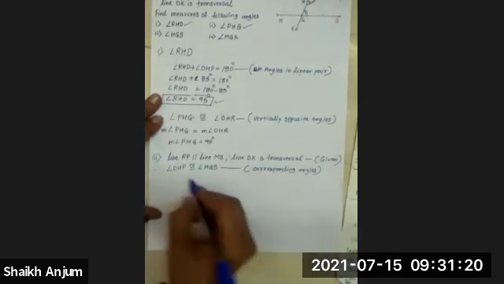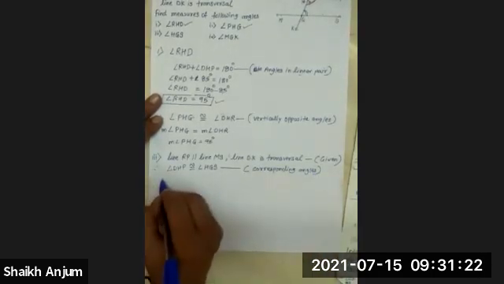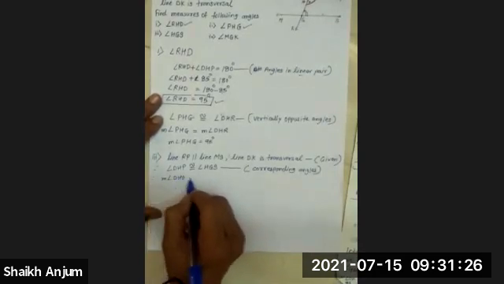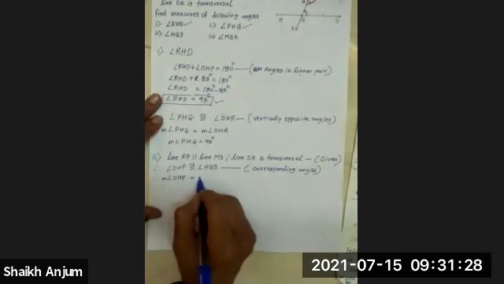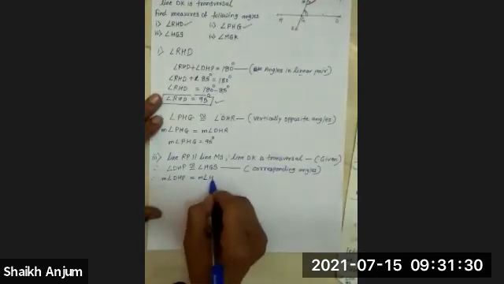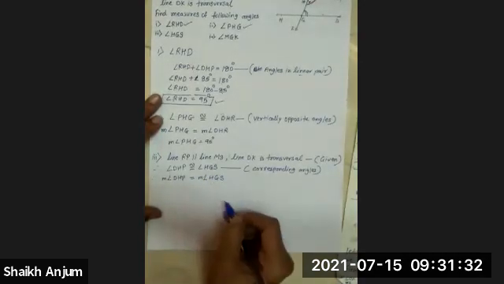Therefore, their measurements will also be equal. So angle DHP equals the measurement of angle HGS.